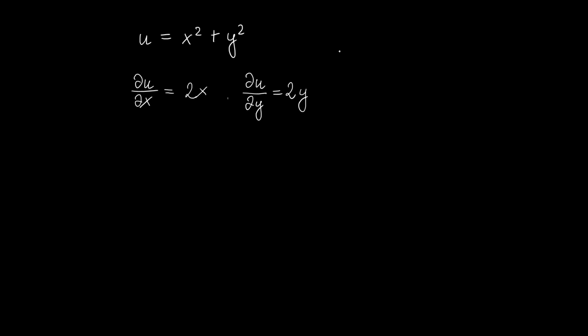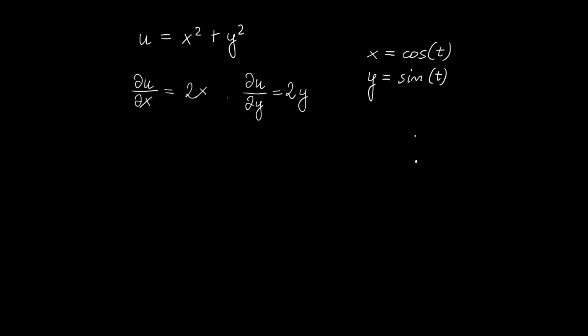But I want to show something more here, because having u dependent on x and y, we might have a situation where x and y depend on some other value. They might both depend on value t. When might that happen?